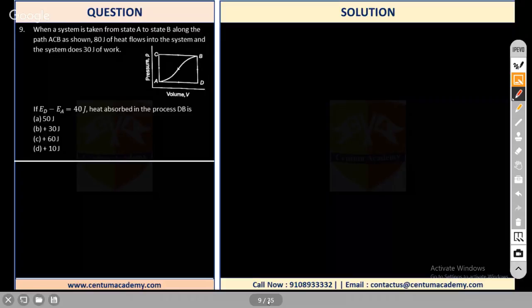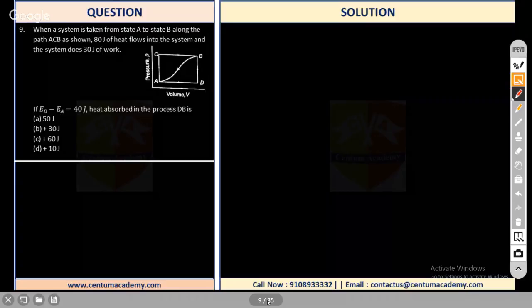Question number 9. See, I'll give you one hint here. Heat absorbed in the process of DB.